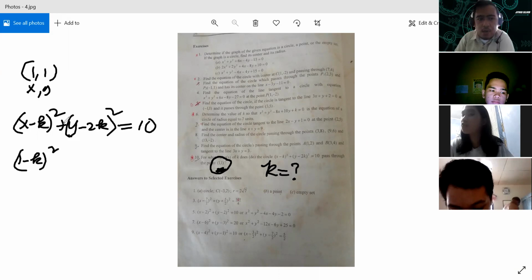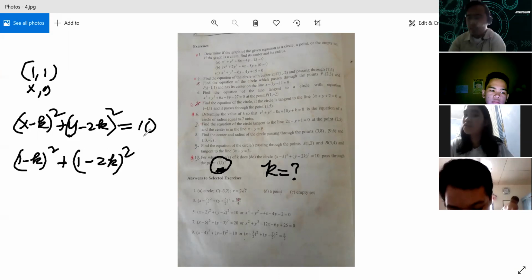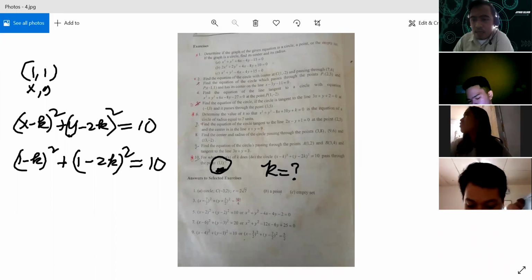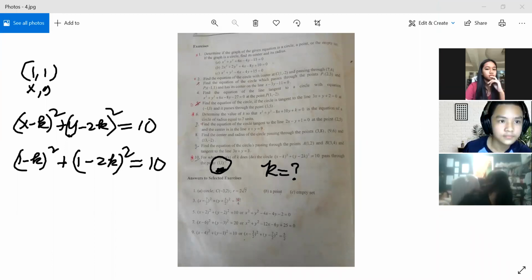And your y is also 1 minus 2k squared, right? Plus, and equal to 10.